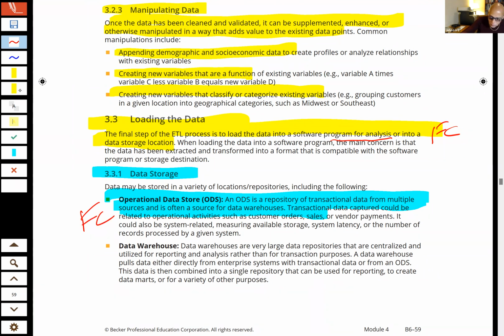Data warehouses are very large data repositories that are centralized and utilized for reporting and analysis rather than transaction purposes. So the data is just sort of sitting there, and probably when you're deciding to do some sort of analysis, you're saying, well, what data do we have available in the data warehouse that we can use for that analysis?